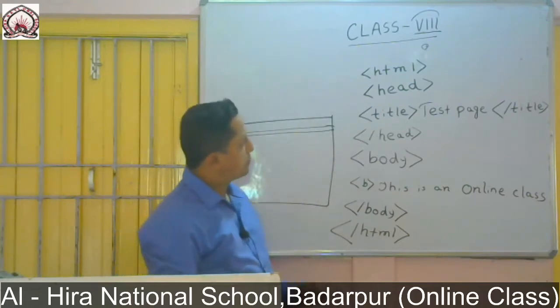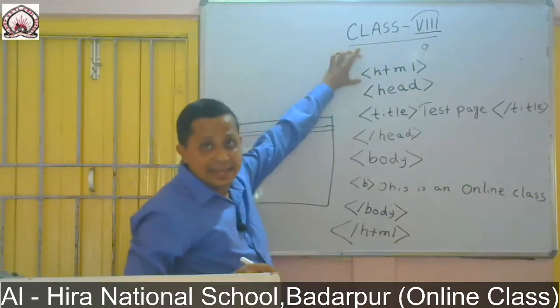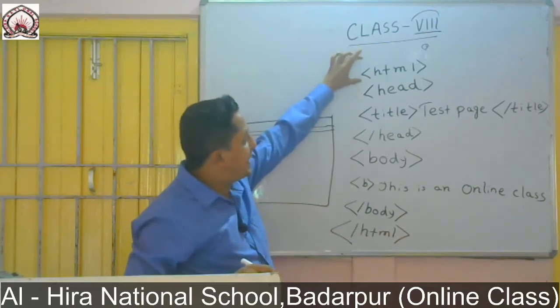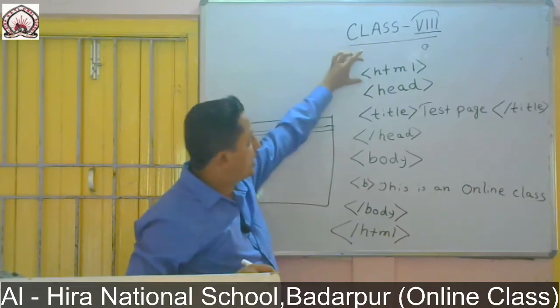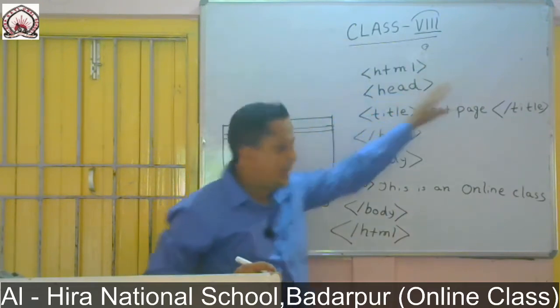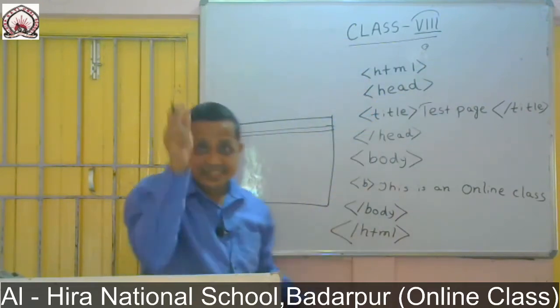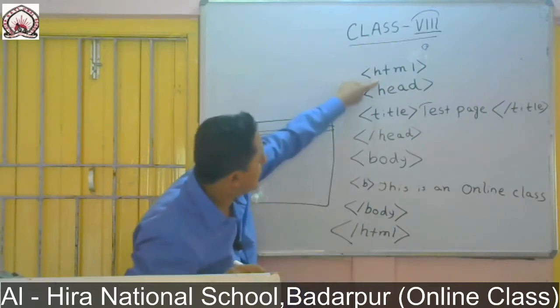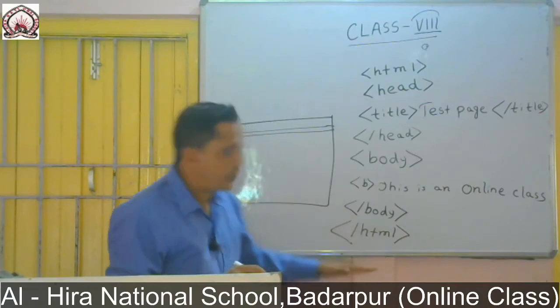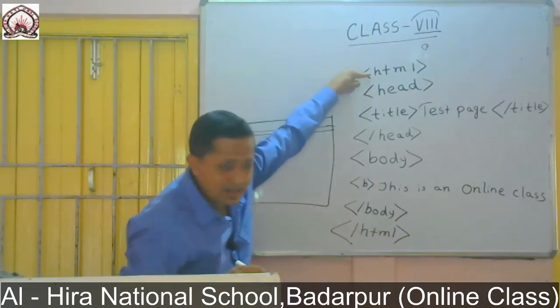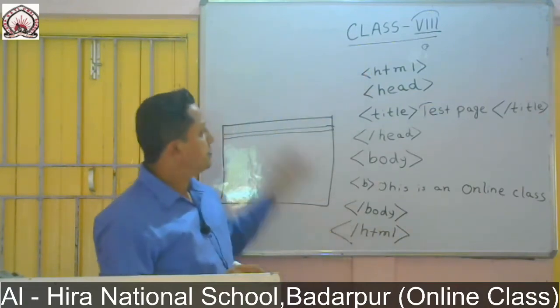Now see one thing. The first line of any HTML page is the HTML tag, and the last line is slash HTML, which means off. This is known as on, this is known as off.